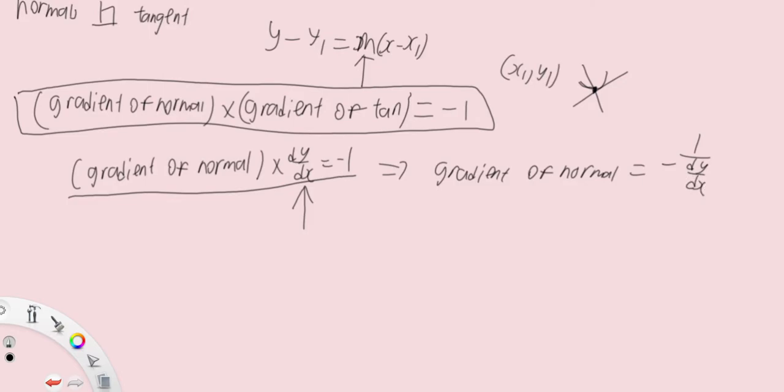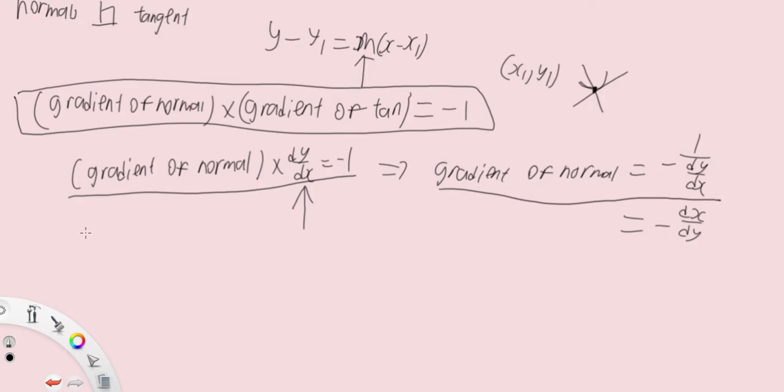And as long as you can find the value of dy dx at the point x equals whatever, we are able to find the gradient of the normal at that point as well. For those H2 math students and A math students, you realize this could also be written as minus dx dy, which I'll go through again when I'm talking about connected rates of change. But for now, just focus on these 2 equations first.